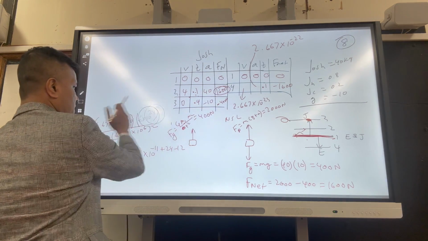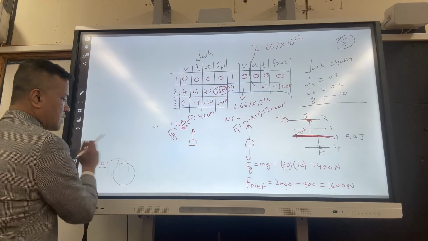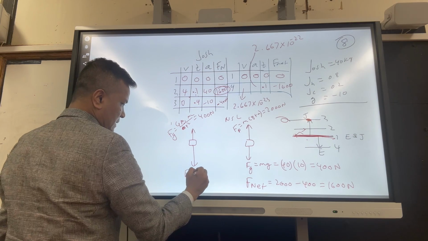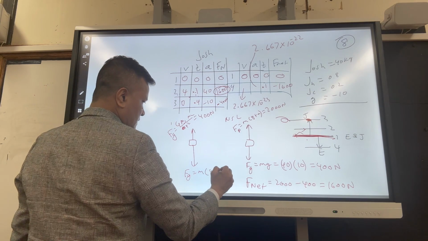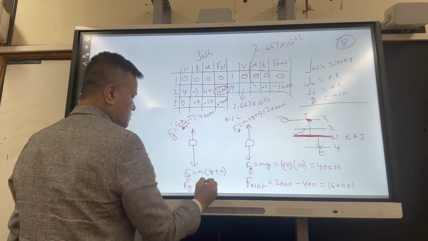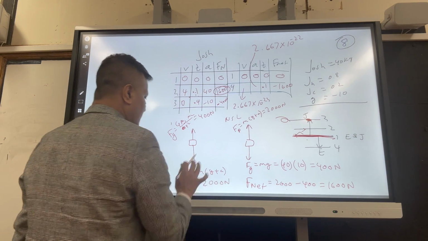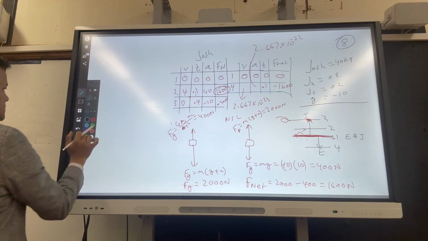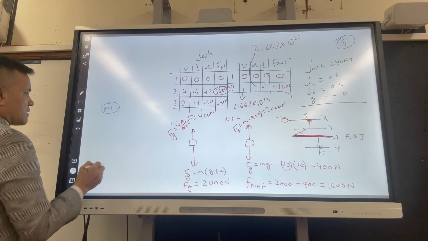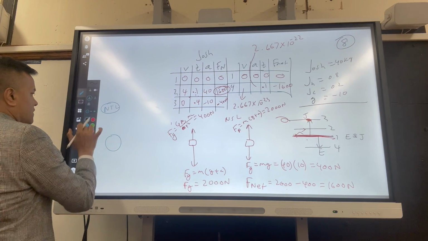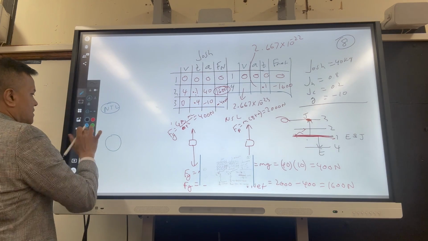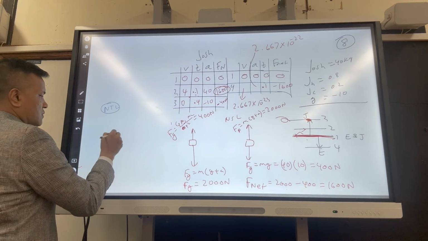We can call it Fg prime. So now we're going to do this one. Fg is equal to 2000 Newton. So F net is that. Okay, now let's do Newton's third law. So for Newton's third law, you have the Earth and you have Josh.